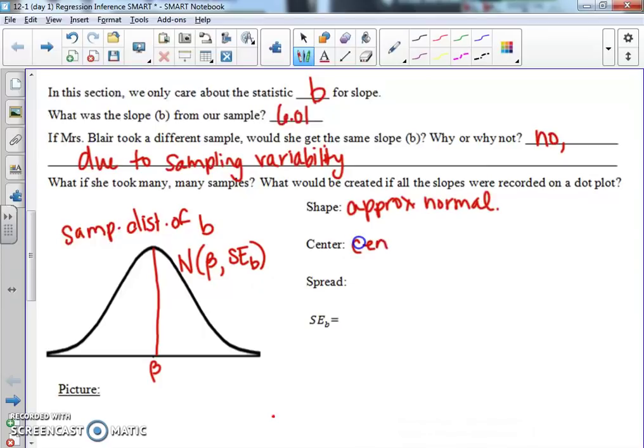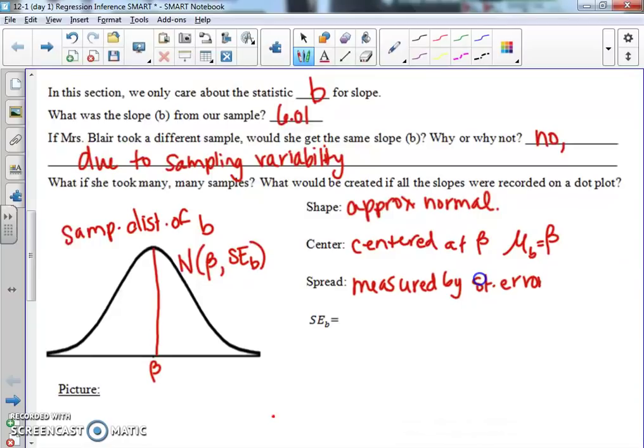So if we write that over here, we know that the center is centered at beta. Or in other words, you could say the mu of the b's is equal to beta. The spread is measured by the standard error, which is always using sample information. Standard error of the slope.